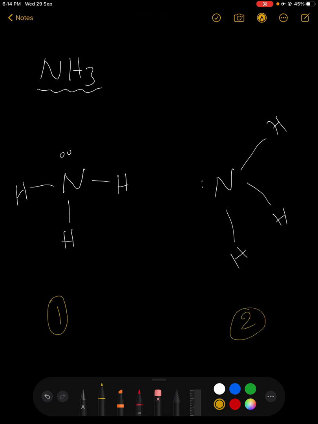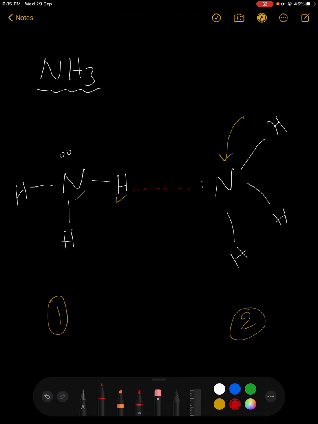The first condition says one of the hydrogens must be connected to one of the most electronegative atoms. I have hydrogen, good, and it's connected to nitrogen, which is one of the most electronegative atoms. So condition number 1 is done. What about condition number 2? Do I have one of these electronegative atoms, which is nitrogen, fluorine, or oxygen? Yeah, I have. So we will make a bond between nitrogen and hydrogen in this way.